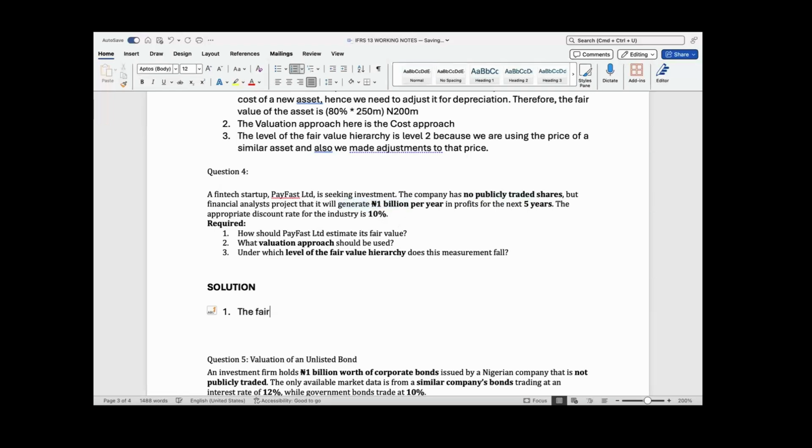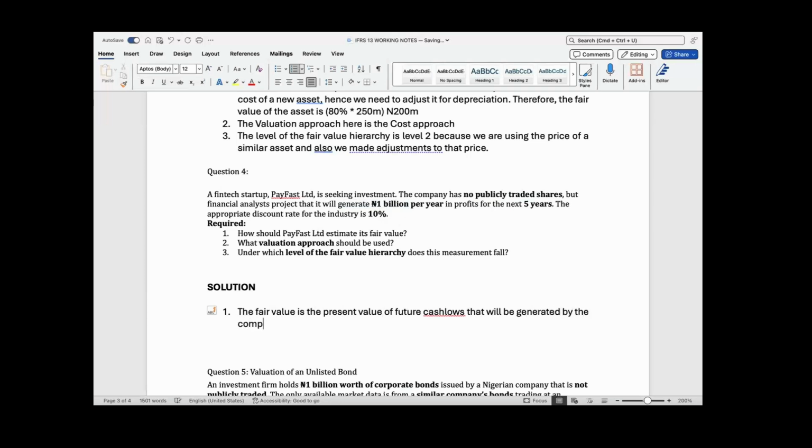So the fair value is the present value of future cash flows that will be generated by the company.